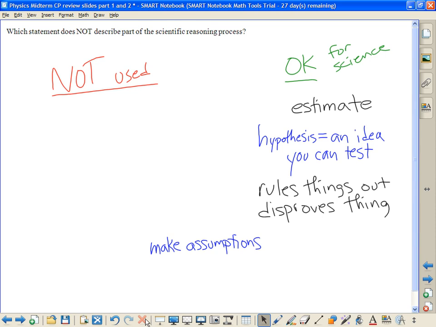Is that something a scientist does? Yes. But she'll say it. She'll mention that. She'll say, well, the following conclusions are based on the assumption that friction was small enough to ignore. Throw me something else.